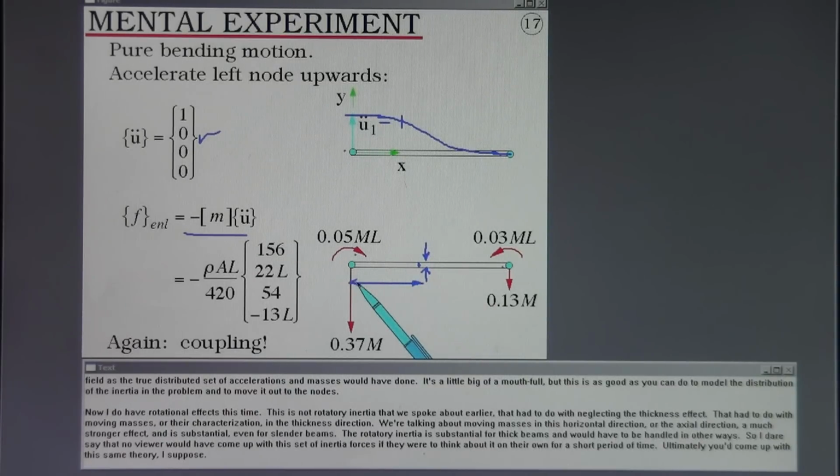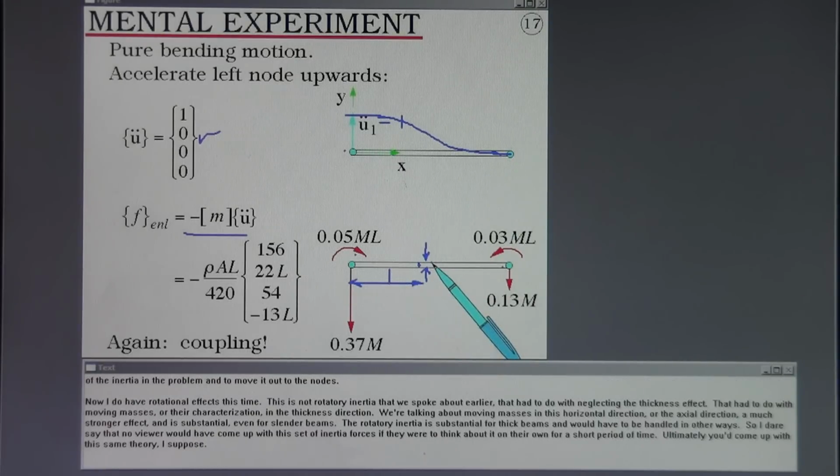Much stronger effect and is substantial even for slender beams. The rotatory inertia is important for thick beams and would have to be handled in other ways. So I dare say that no viewer would have come up with this set of inertia forces if they were to think about it on their own for a short period of time. Ultimately, you'd come up with this same theory, I suppose.